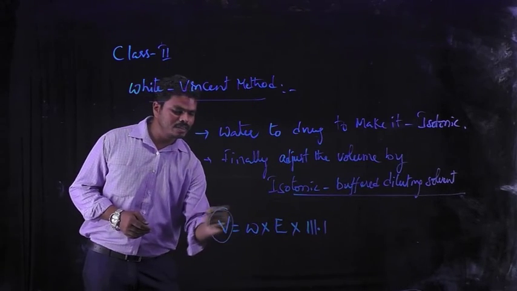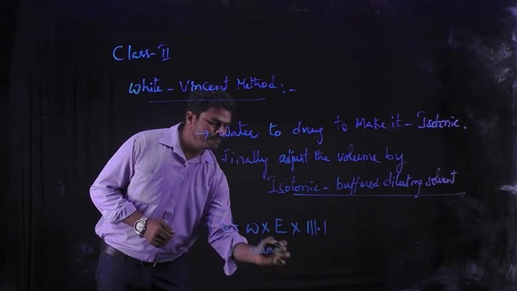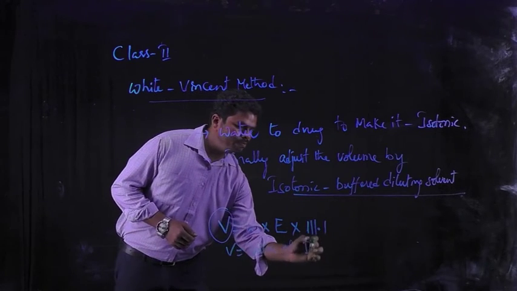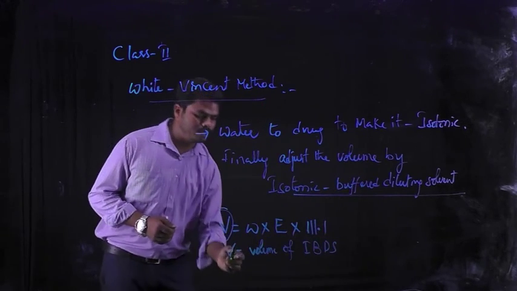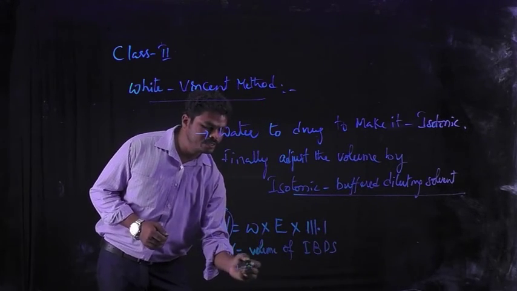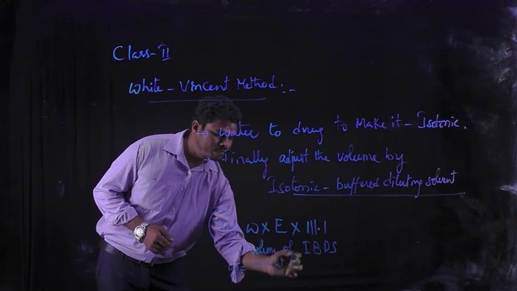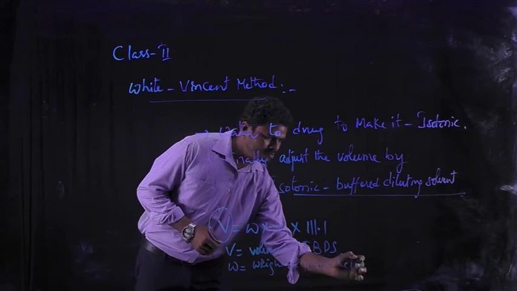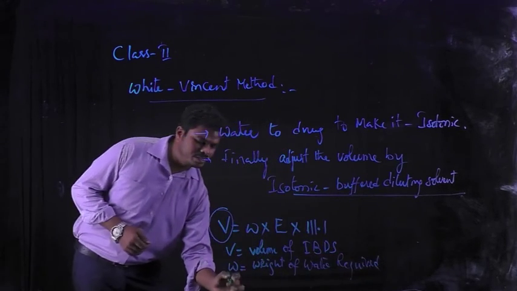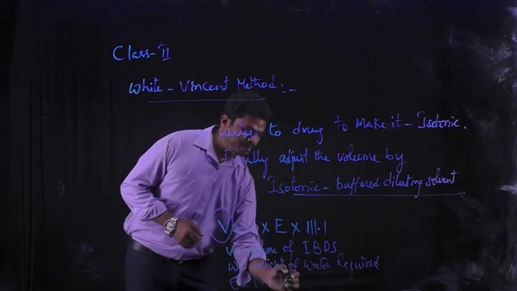Here capital V is the volume of isotonic buffered diluting solvent required, W is the weight of the water required, and capital E is the sodium chloride equivalent factor.